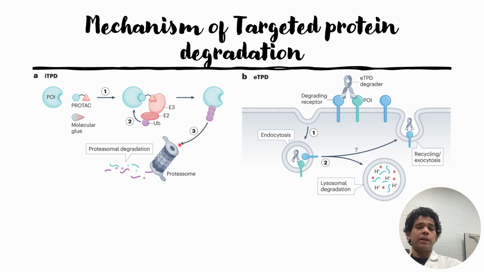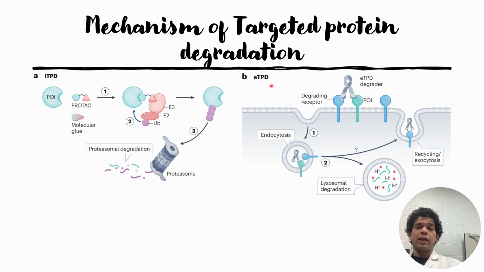In the proteasome, it will degrade the protein of interest but recycle the ubiquitin, so that ubiquitin can further be used for another protein that needs to be degraded, either a targeted protein or a protein that is detected by the intracellular systems for degradation. So this is in general how the internal targeted protein degradation works.